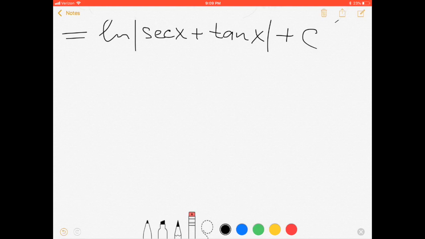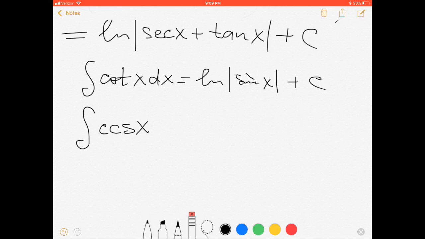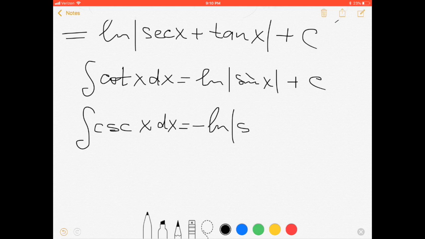You can prove this fact: the integral of cotangent x dx will be natural log absolute value of sine x plus c, and the integral of cosecant x dx will be minus natural log absolute value of cosecant x plus cotangent x plus c.